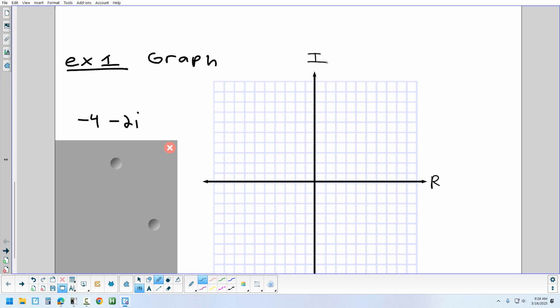So we're going to go 4 to the left. And my imaginary part? -2. So we're going to go 2 down. 4 left, 2 down. That's -4 minus 2i. Perfect. Okay, let's try this one. -2 plus 3i. What's my real part for that second one?